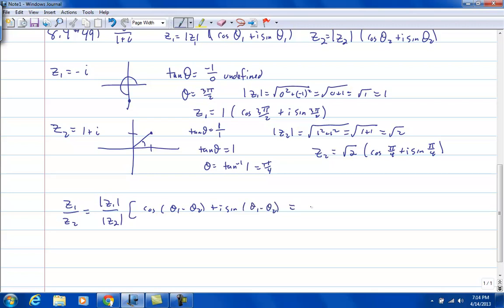So in this case it's going to be 1 over the square root of 2. The magnitude of z1 is 1, magnitude of z2 is square root of 2, times cosine of 3 pi over 2 minus pi over 4 plus i sine of 3 pi over 2 minus pi over 4.